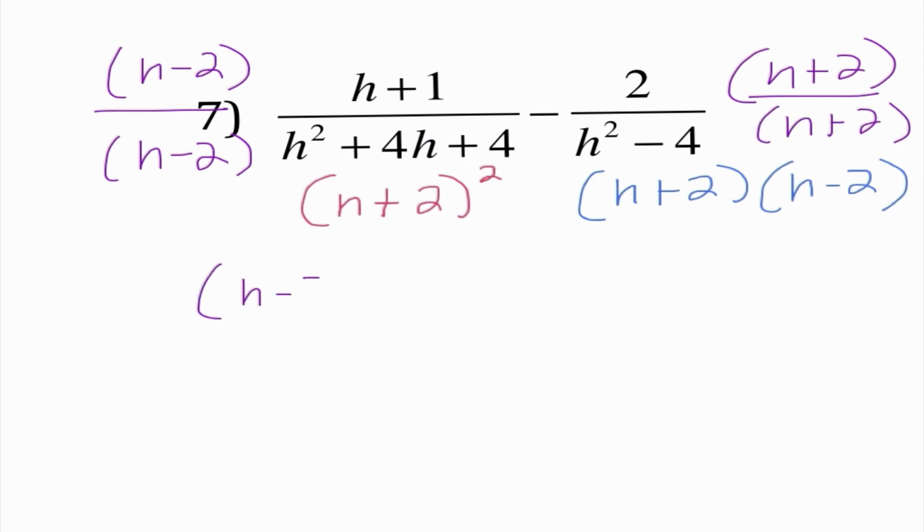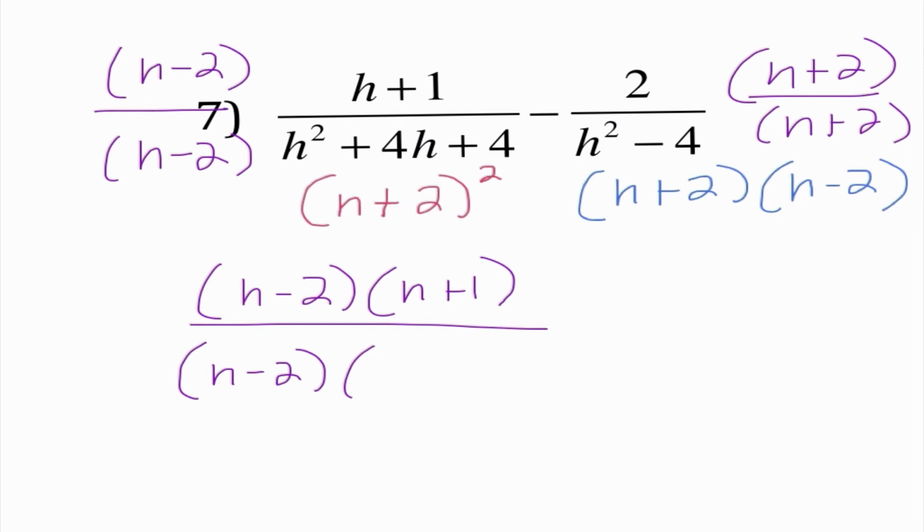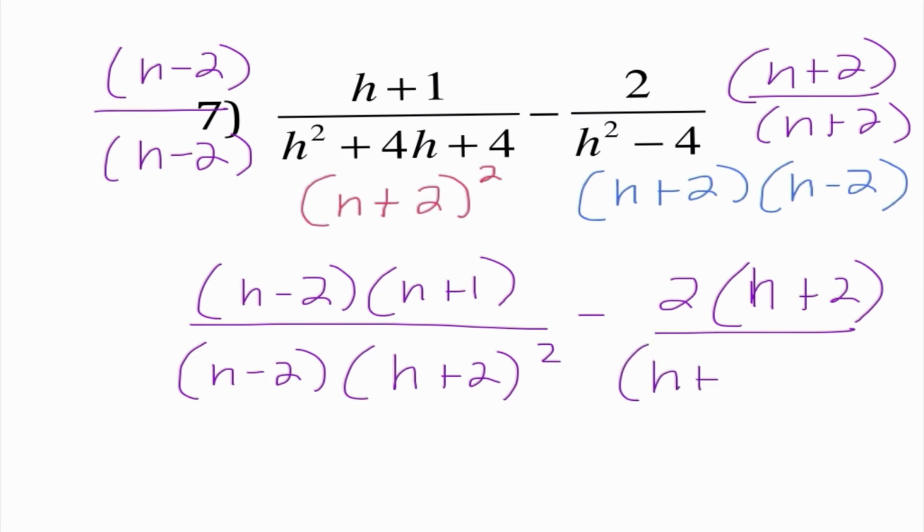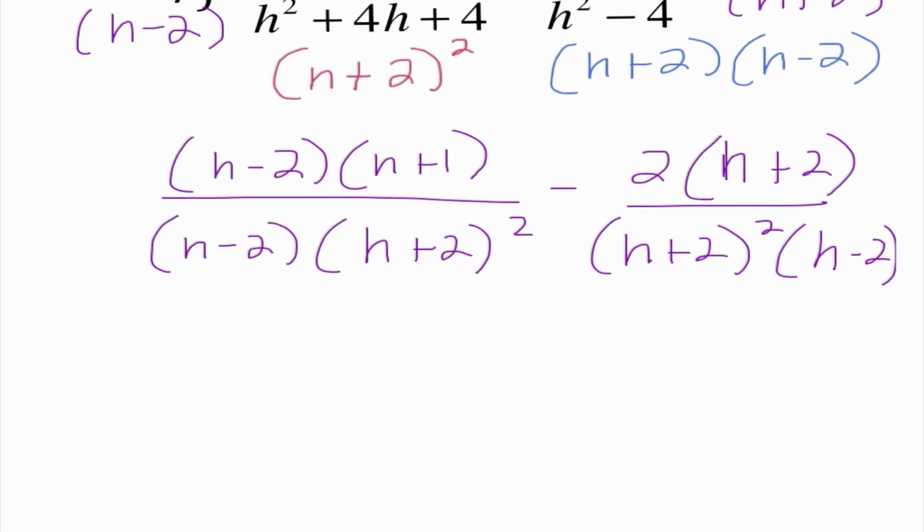So I have (h minus 2) times (h plus 1) over (h minus 2) times (h plus 2) squared. Okay, minus 2 times (h plus 2) over (h plus 2) squared times (h minus 2). So I now have a common denominator, so I can just write this denominator.